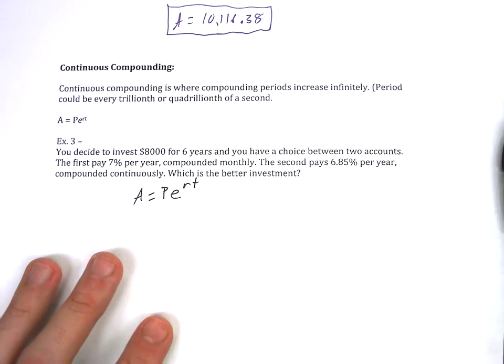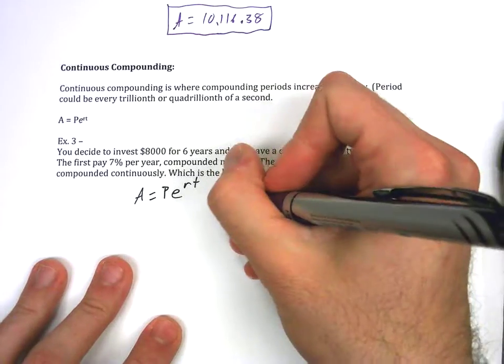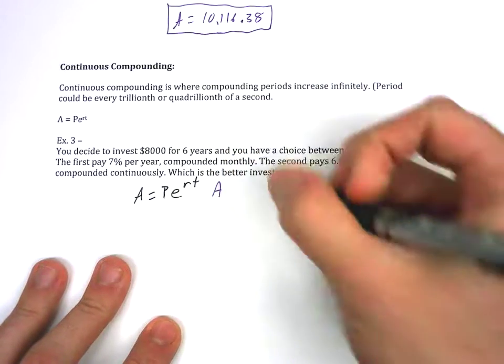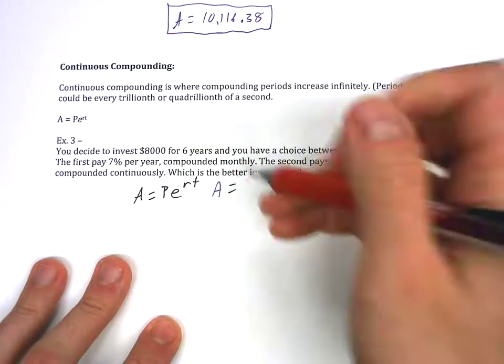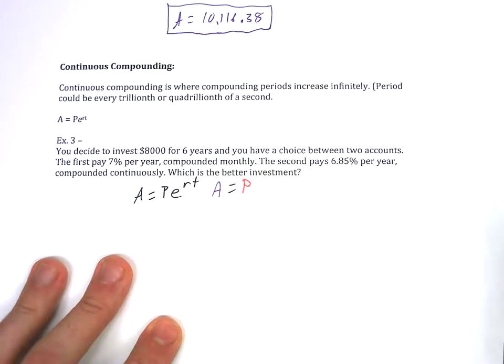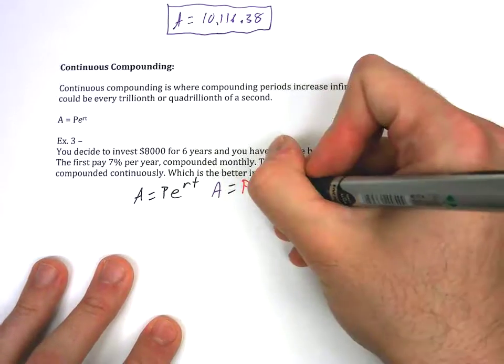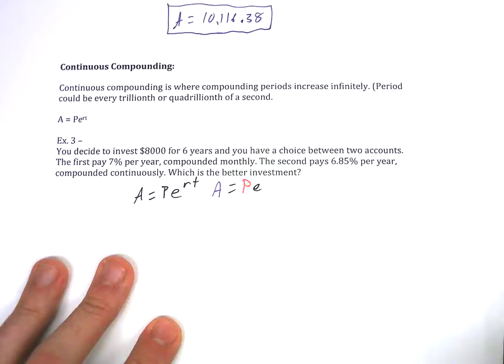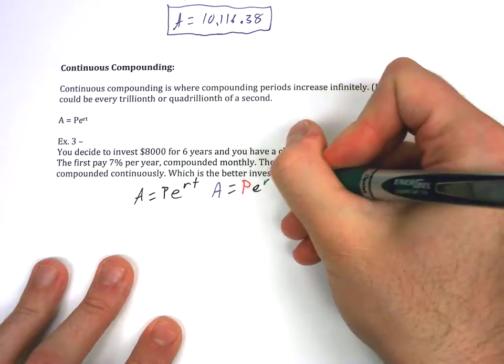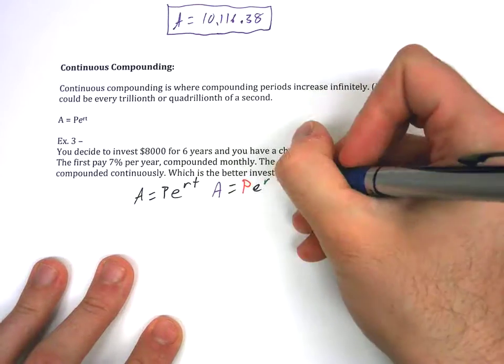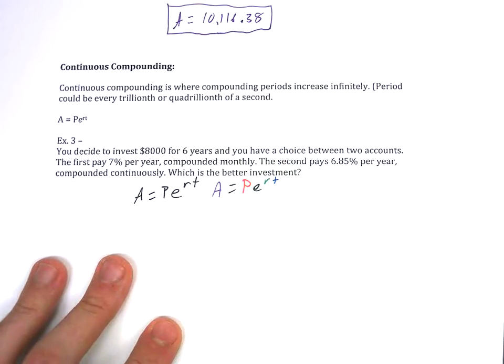Although I probably should color that out for you, so we'll say our future value A is purple. Our principal is still red. Now I'm going to write the e in black because that's always there. It's always e. And then it's to the power of R, our rate, times time, which is our T.